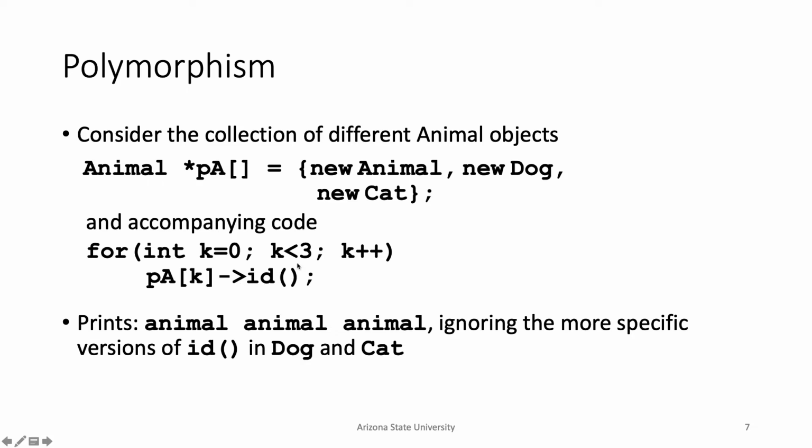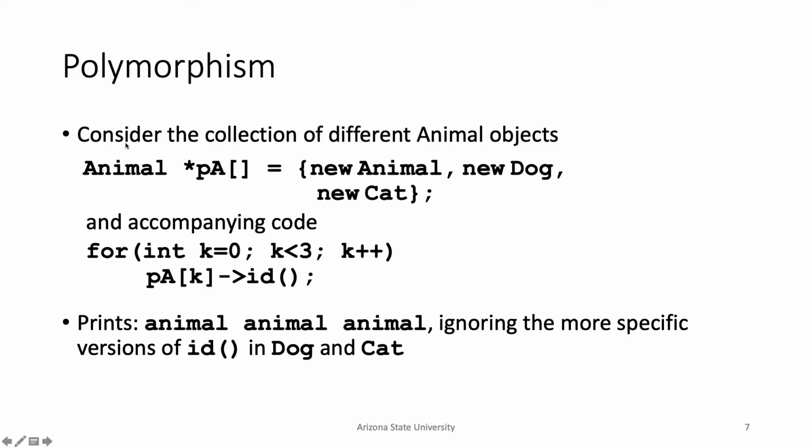But let's just say I loop through this array and I call some function on each one. So the first time I'm going to call this ID function, whatever it does, on this first instance, then I'm going to call it on the second instance, then the third one. But what happens is that it's going to do the exact same thing every time, even if the dog class implements this ID function differently, or the cat does either, because I declared this array of objects to be of type animal.